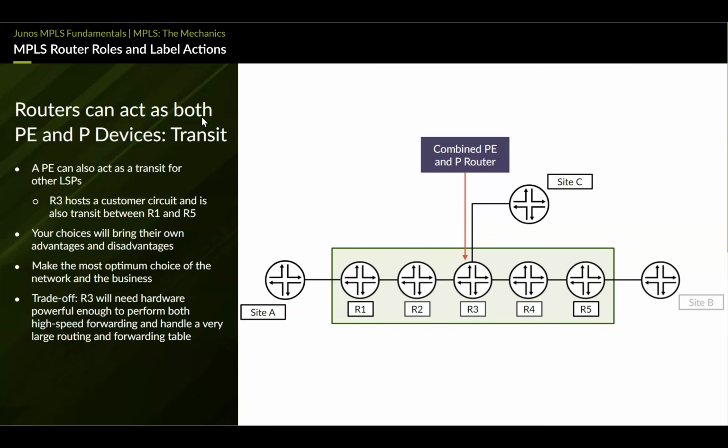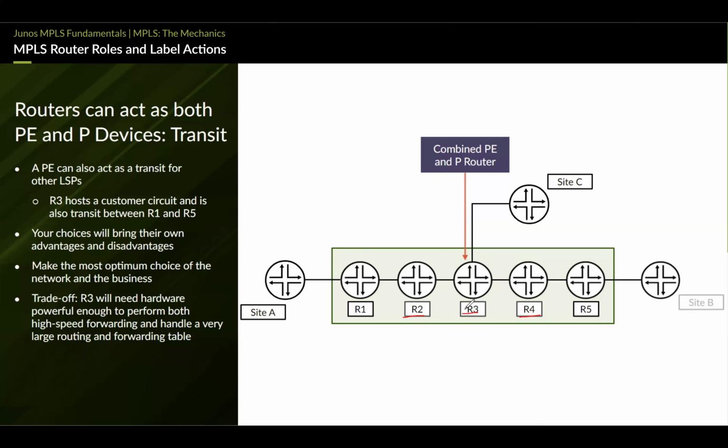So a router can act as both provider's edge and provider device, that is transit. So see here, router 3 is connected with router 2 and router 4. So what is the role of router 2? Router 2 is a provider router. Router 4 is also a provider router.